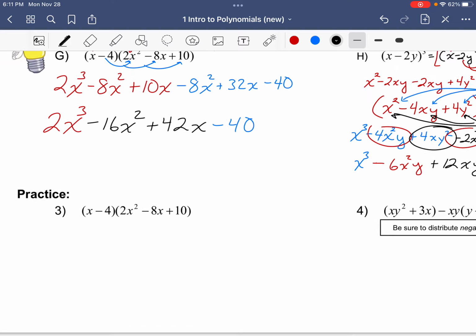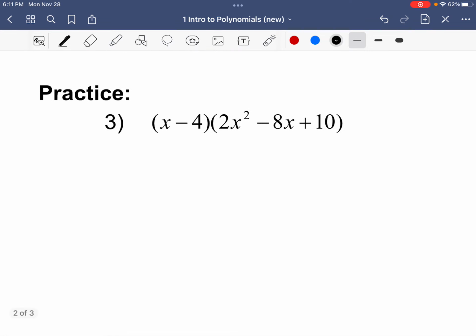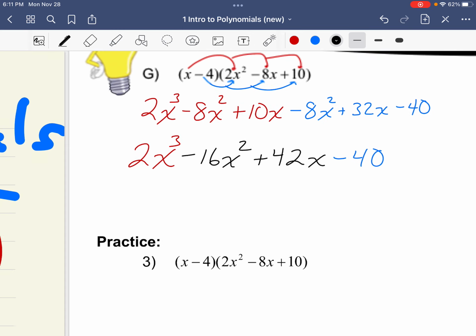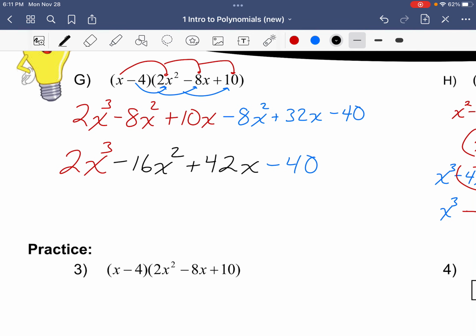Looks like there's a couple problems for you to practice. You should want to see if you can distribute here and simplify. Uh-oh, that's the same problem that we had up above. Okay, I'll have to get that changed.